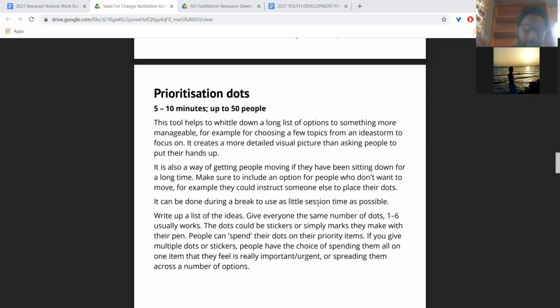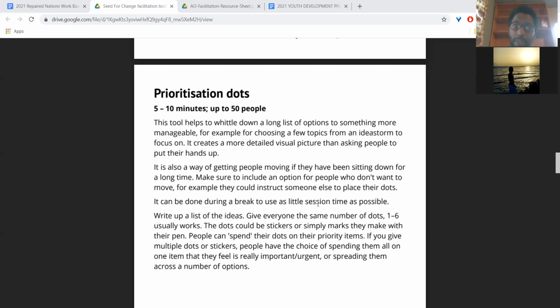Everyone can write on a sticky note what they believe and put it up on the wall. And then after that, folks go around with little circular stickers, and they'll put them next to the sticky notes and vote, saying, I really like this, I think we should prioritize this. And the one that has the most dots next to it is the one the most people in the room feel is the priority.